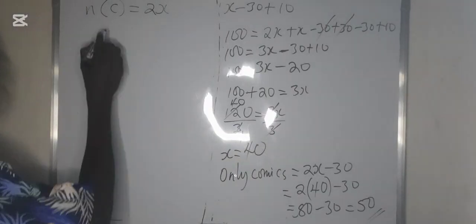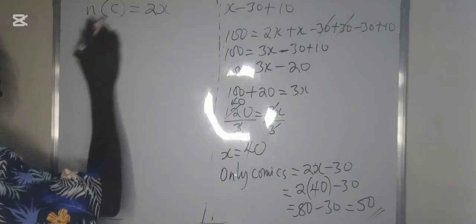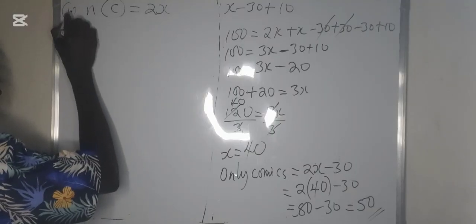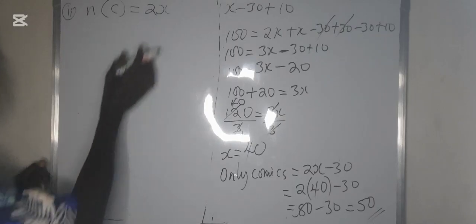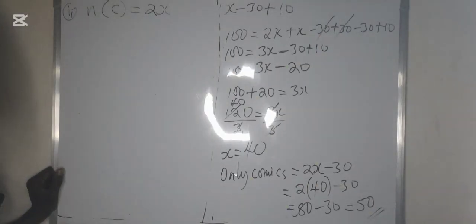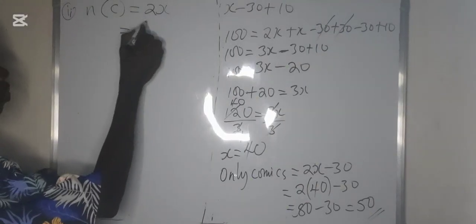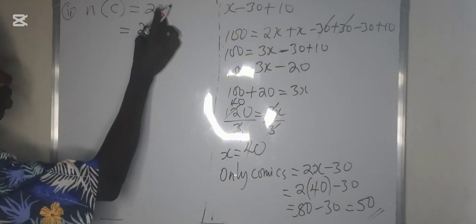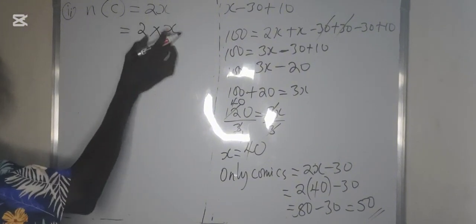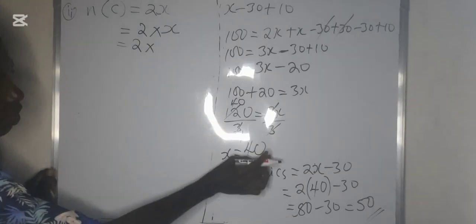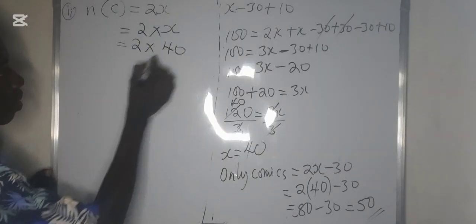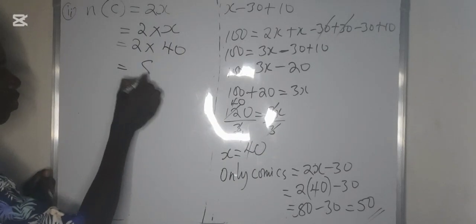Now for Roman figure 2, the number of students who read comics will be twice the number of students who read novels. We say 2 times x. This is 2x, which means 2 times x. What is our x? It is 40. 2 times 40 gives us 80.